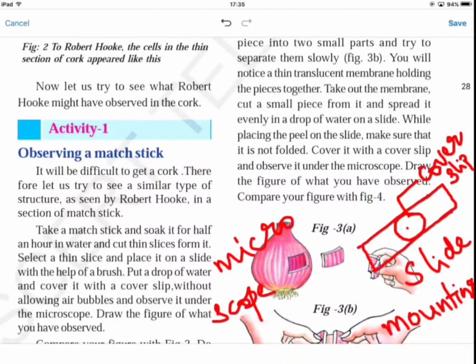Again, this is of two types. One is the simple microscope and the other is the compound microscope. In a simple microscope, only one lens is used, and if more than one lens is used, that is a compound microscope. That is given in the annexure, on page number 25.